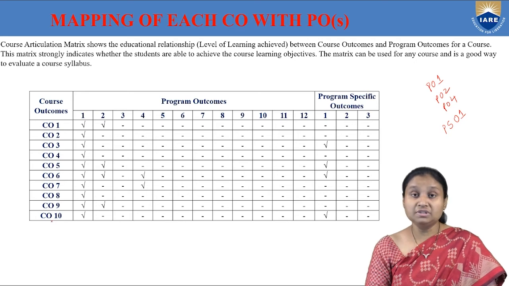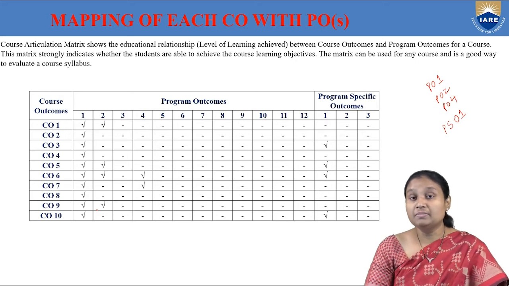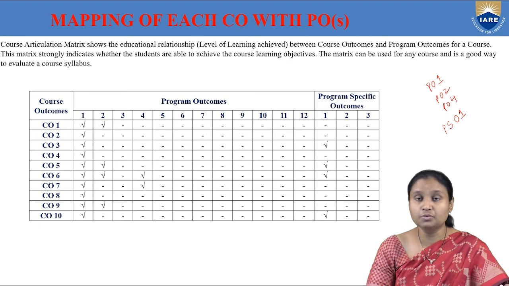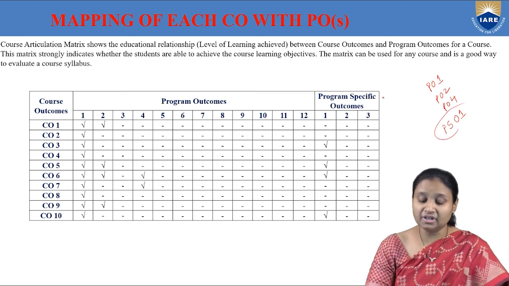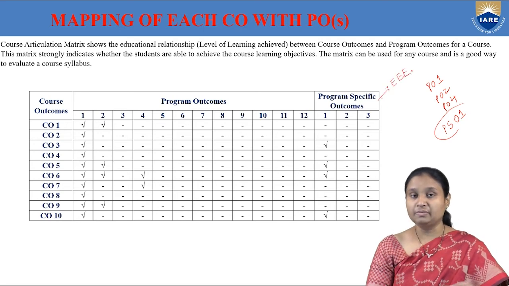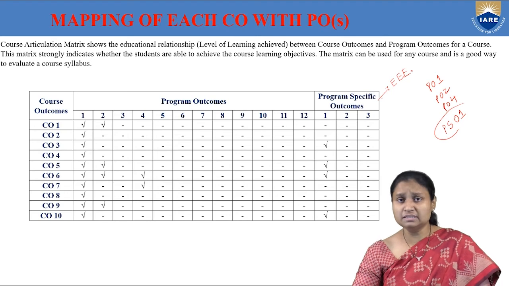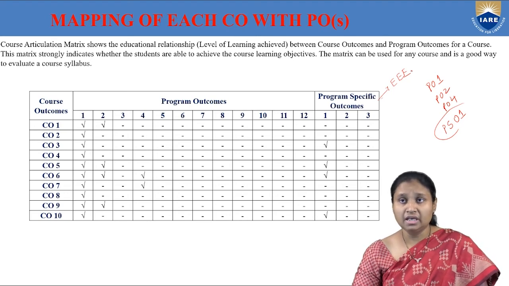And coming to 10th course outcome, it is mapped to PO1 as well as PSO1. So this is the mapping of course outcomes for engineering physics to program outcomes as well as program specific outcome. And here I have taken program specific outcome for triple E branch. So this is about CO and PO mapping, completely based on outcome based education.